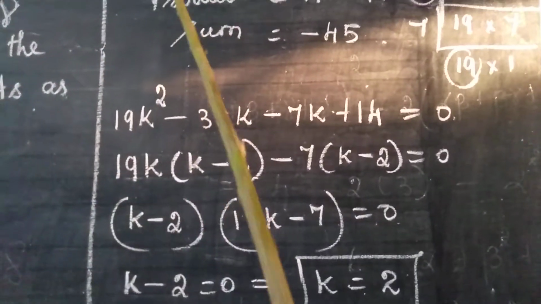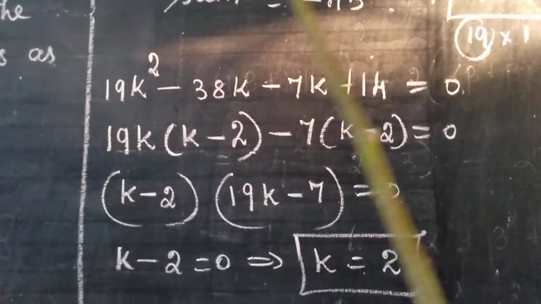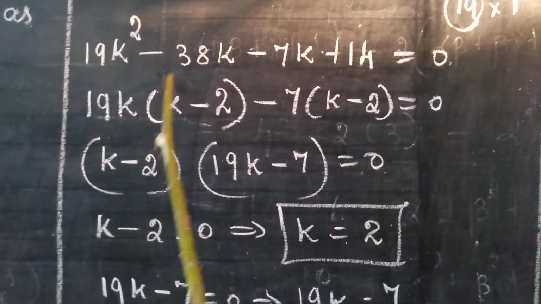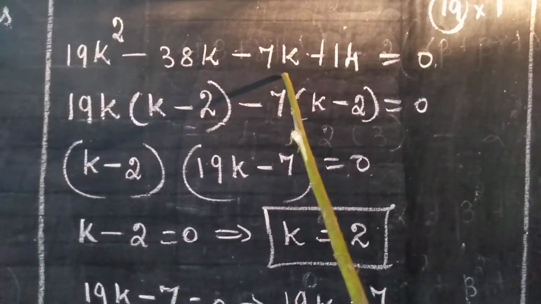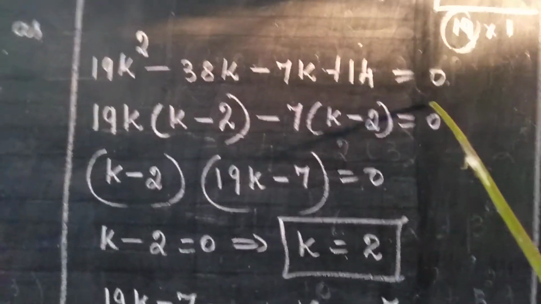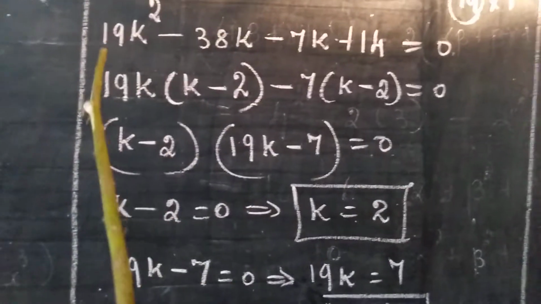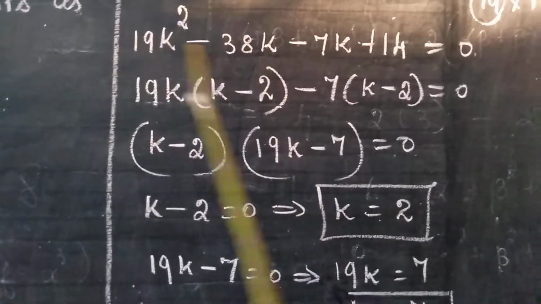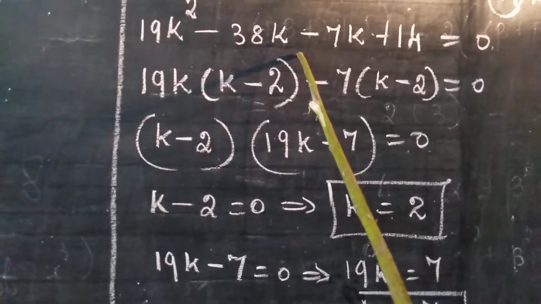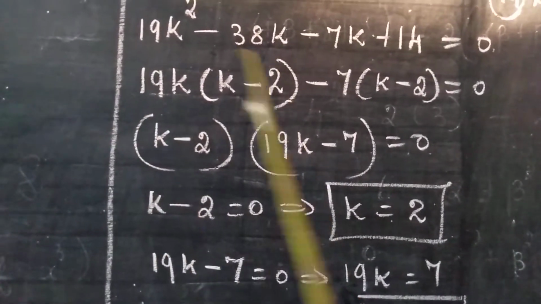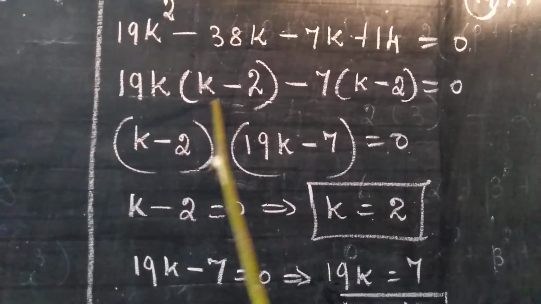We come to the equation: 19k square minus 45k we can split and write as minus 38k minus 7k plus 14 is equal to 0. Now we take the common factors. For these two terms the common factor is 19k; if you take it out, the remaining will be k minus 2.